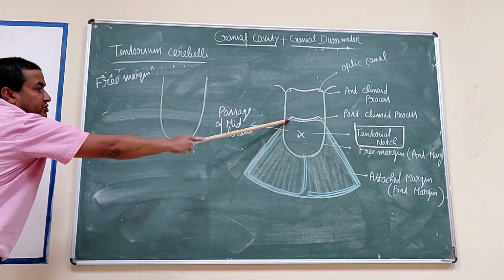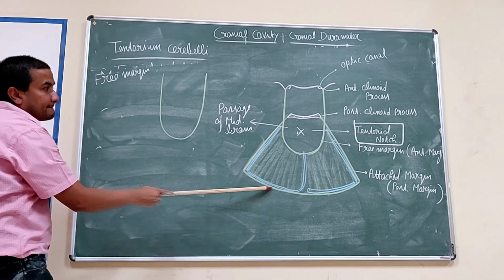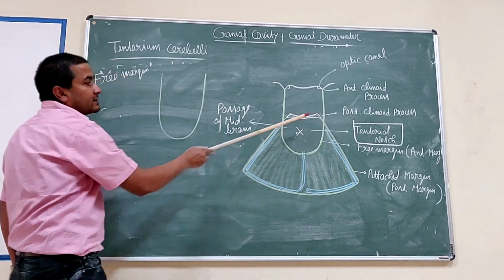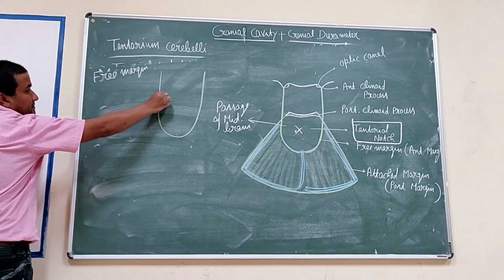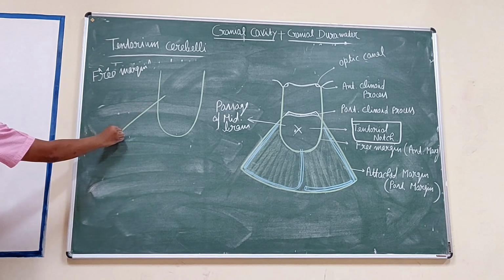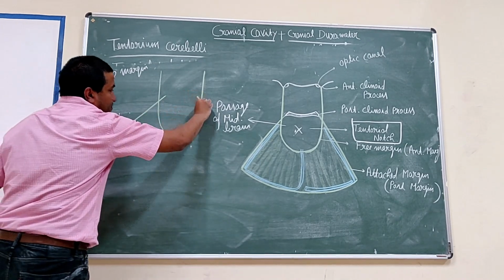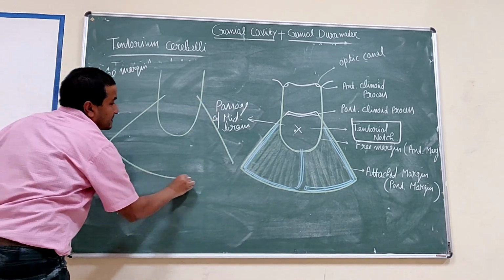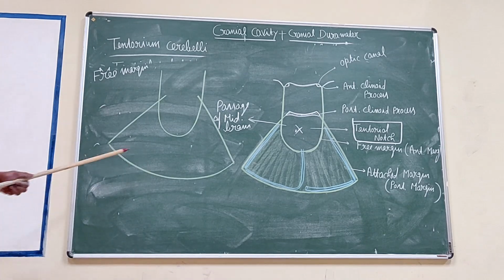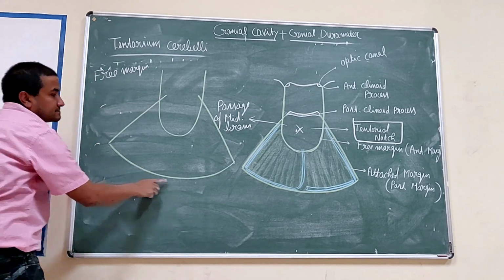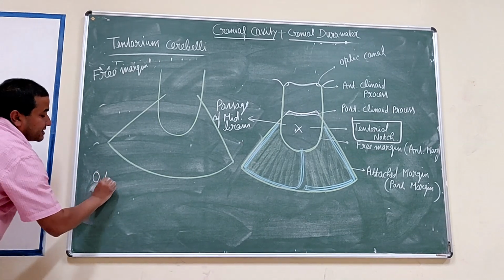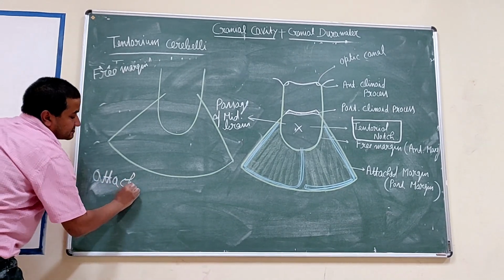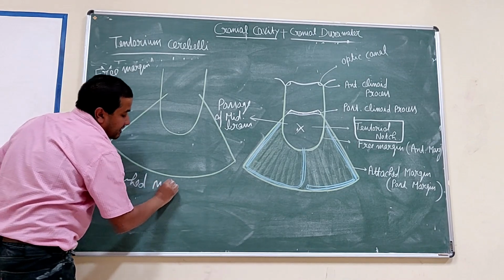Now, this is the posterior margin. This posterior margin, this one, is convex, and this margin is the attached margin.